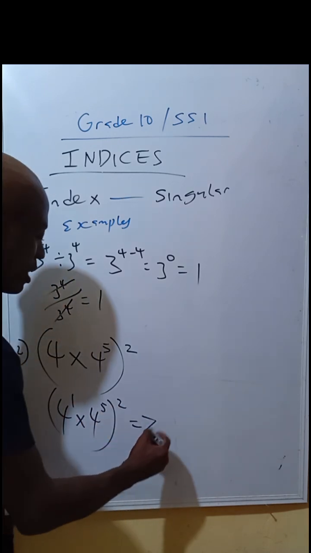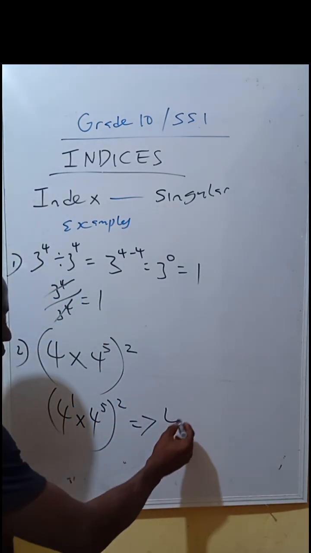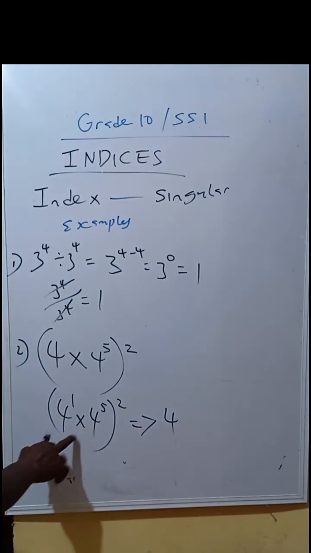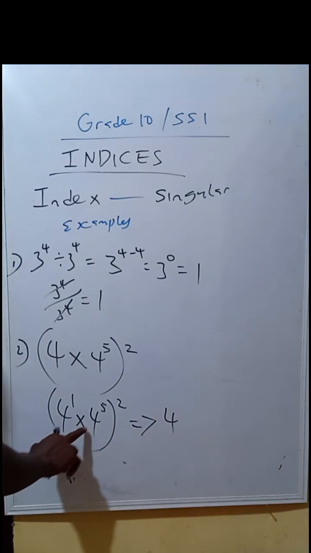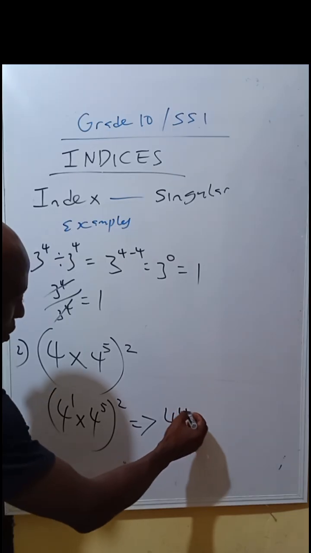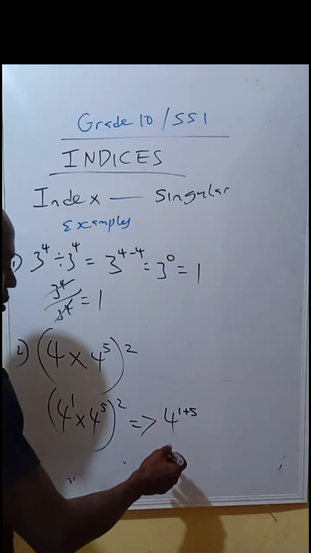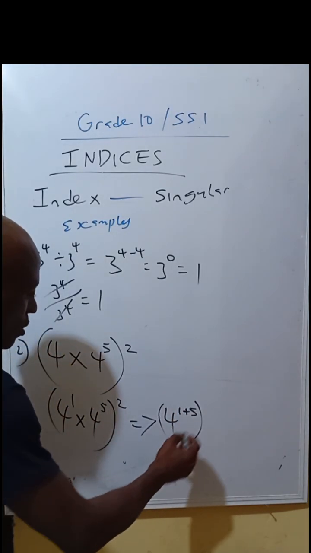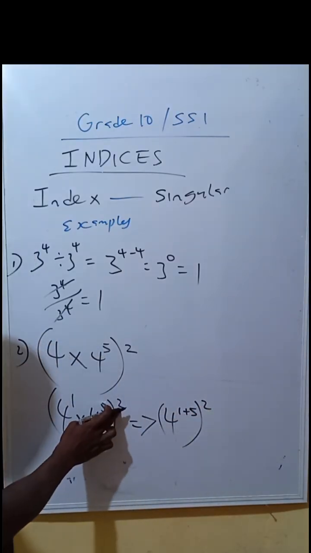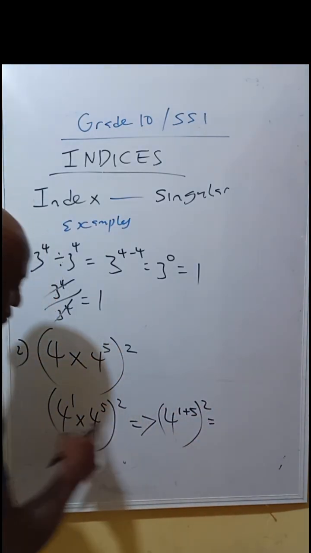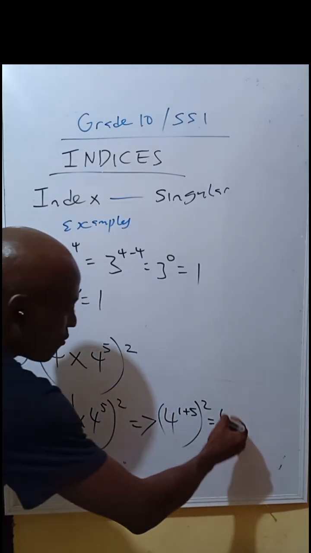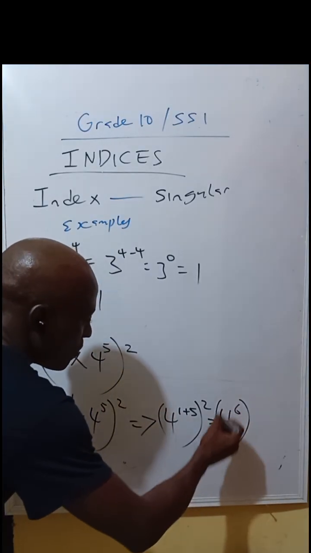Now, when you have the same base, you add the powers: 1 plus 5. I've used the law of multiplication here, so I have 4 raised to the power 6, all raised to the power 2.